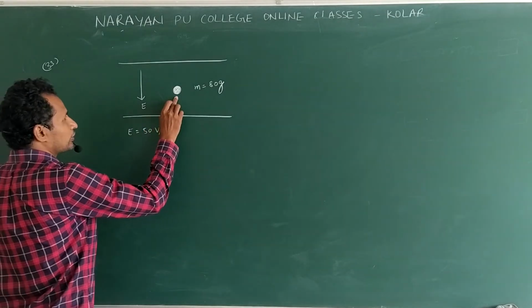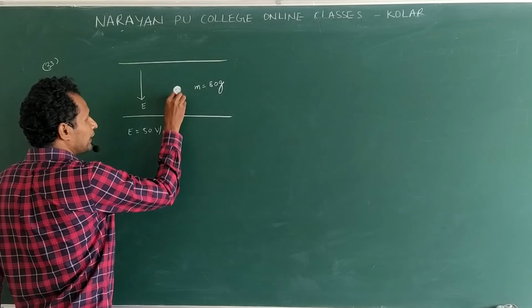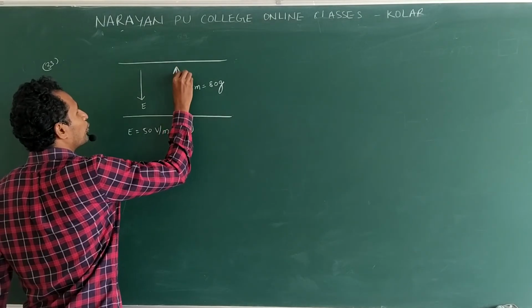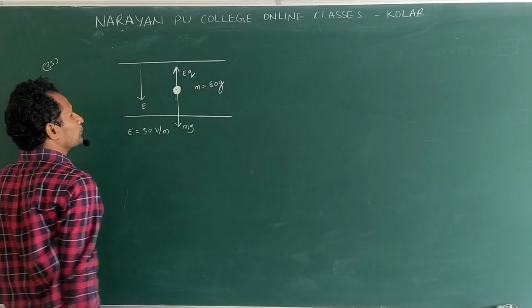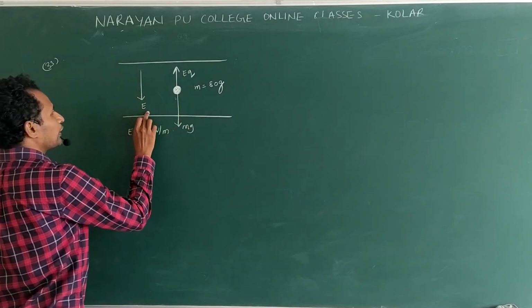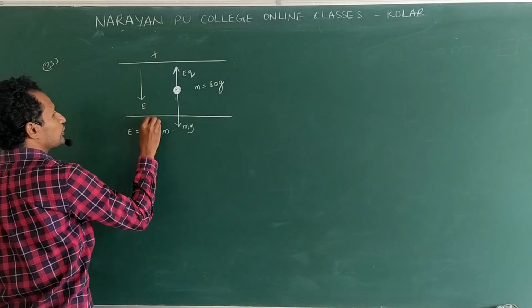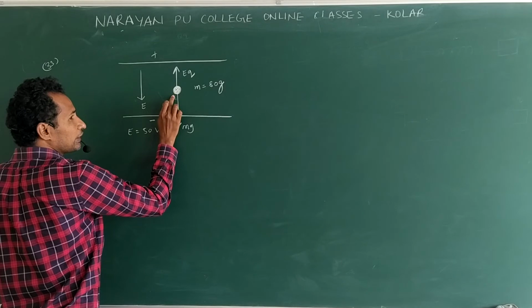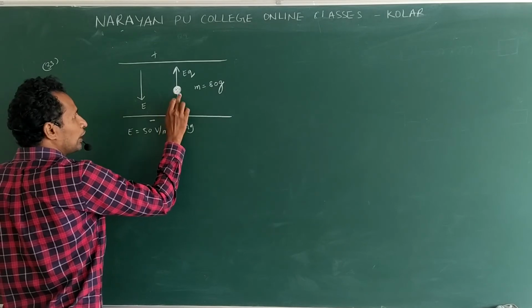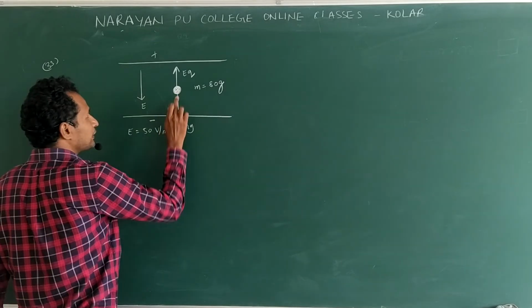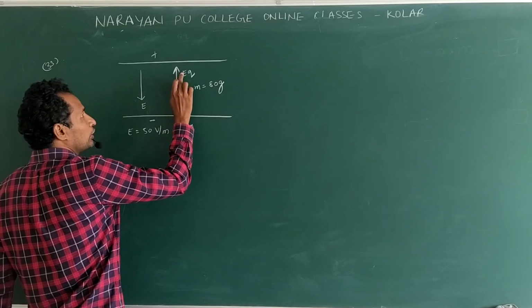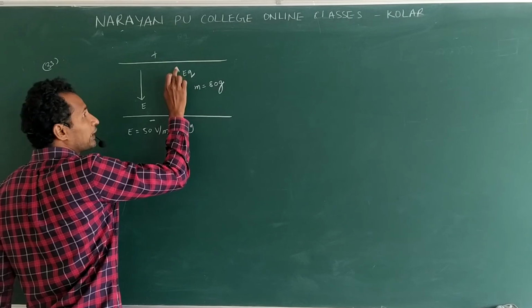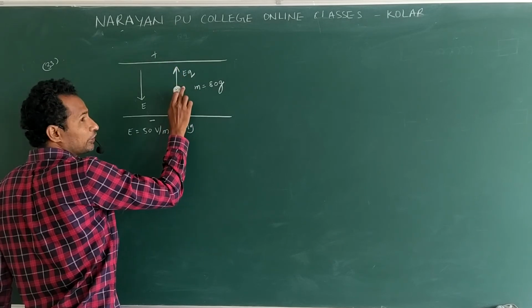This is balanced: weight acts downwards and electrostatic force acts upwards, which is EQ. The electric field is directed downwards. Since the charged ball is in equilibrium, the net force is 0. Gravity acts downwards, so to balance it another force acts upwards. The top plate is positive, so Q must be negative because positive attracts negative.